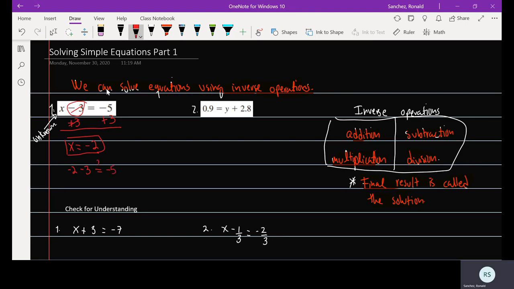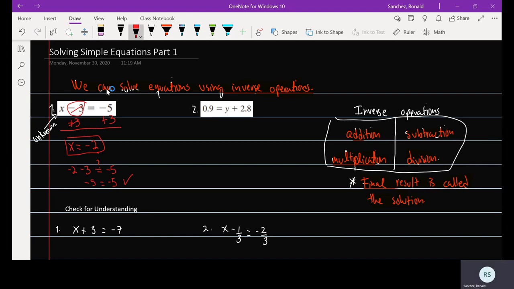And I'm going to put a question mark on top just because I'm checking this. So we know that -2 minus 3 is -5. So now we have checked that -2 is the correct solution for our first equation. So we solved this problem correctly.